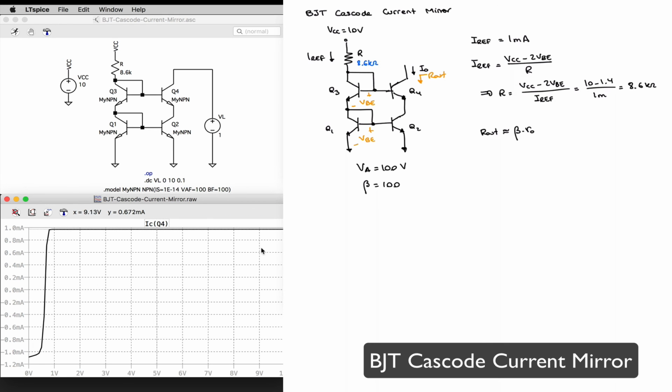Not sure where it's acting up with the cursors, but the first cursor is there, the second cursor comes up online, but then this doesn't do anything. There we go. One cursor at 10 volts, the other cursor at 1 volt.